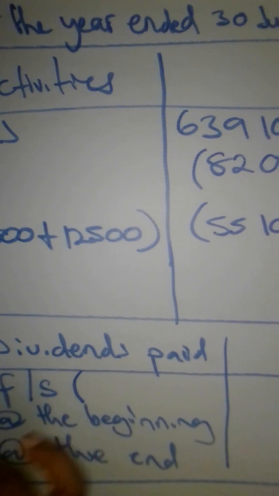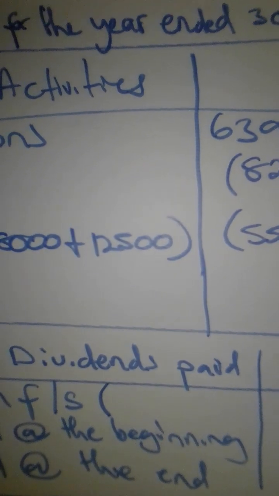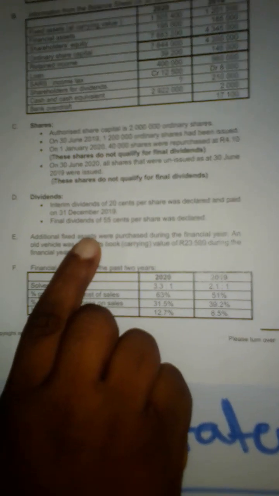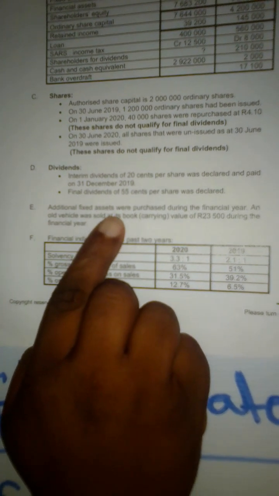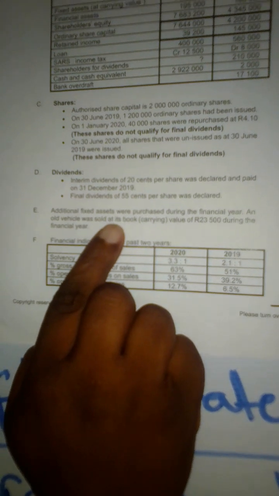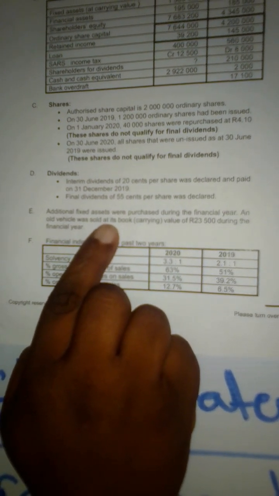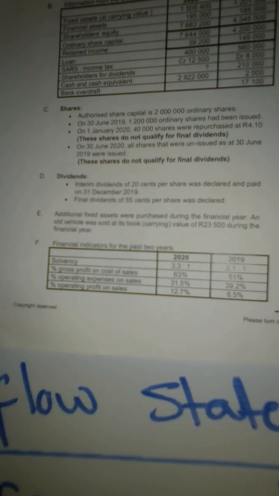So as per our question, if we look at it closely, are we given any interim dividend? Let's look at the information that is given on D. On D, dividends. Interim dividend 20 cents per share was declared and paid on the 31st of December 2019. The shares that are entitled to an interim dividend are those that were there at the beginning, the 1.2 million shares.